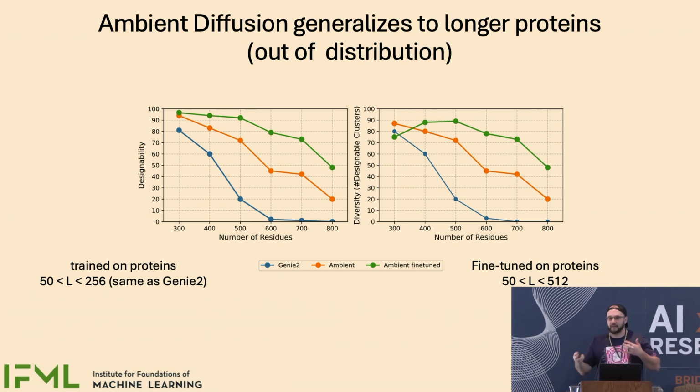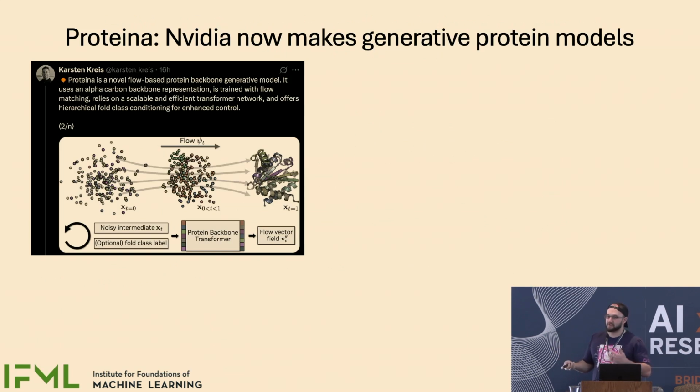While we've been developing this over the last few months, NVIDIA actually started making generative protein models. This is a tweet from a guy at NVIDIA from last night. I took the screenshot last night, where they just came up with this new model called Proteina, which is just protein in Spanish.